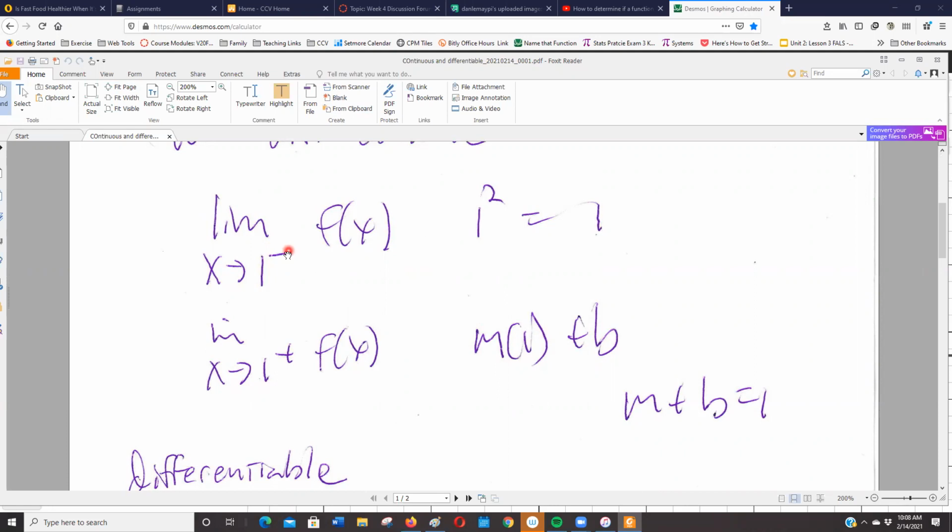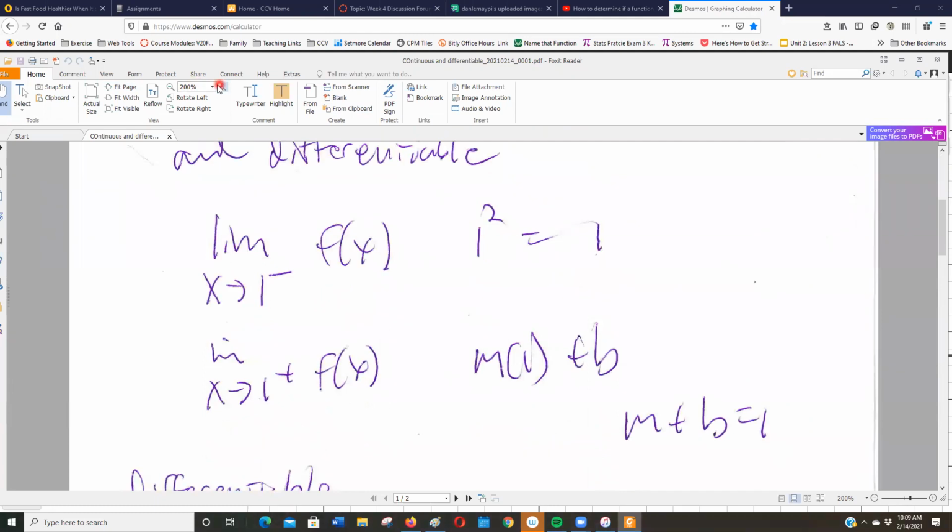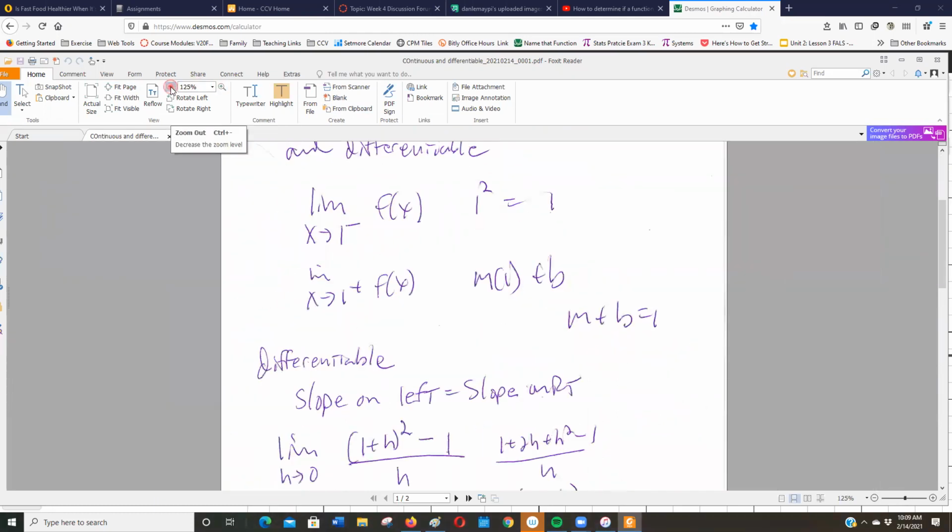Well, the limit on the left has to be the same as the limit on the right, and the limit at that value has to be the same as f of that value. I didn't write that on this piece of paper. But if I look at this, let me zoom out a little bit. I got spoiled looking at the Desmos where I could just zoom out.